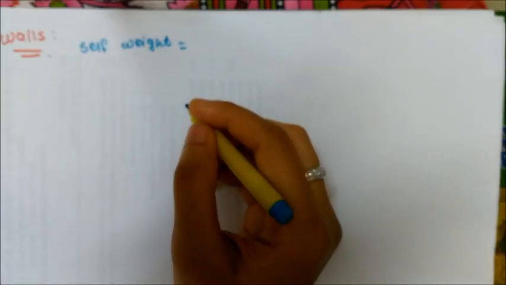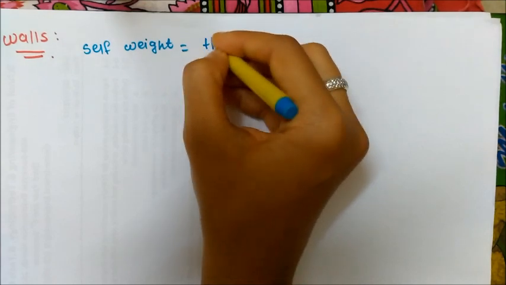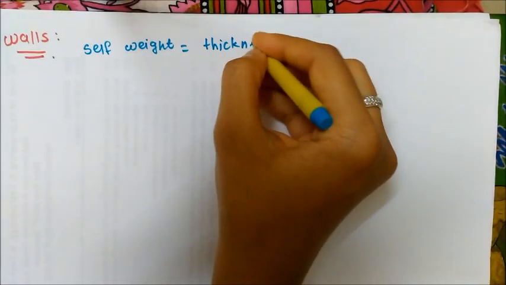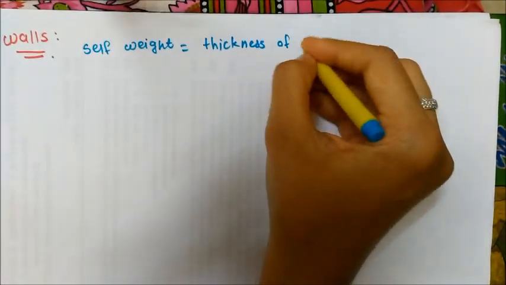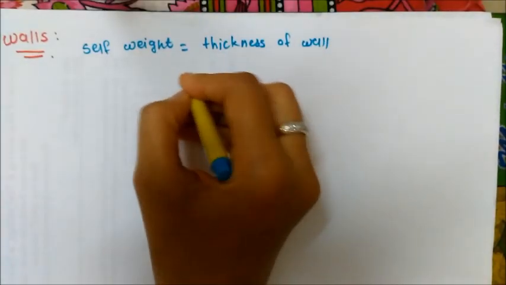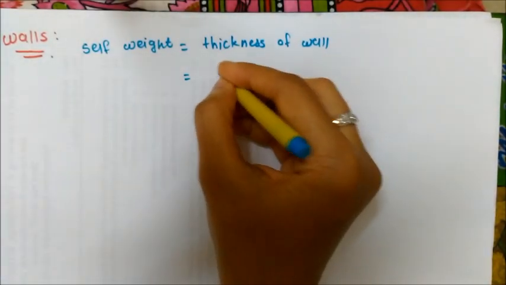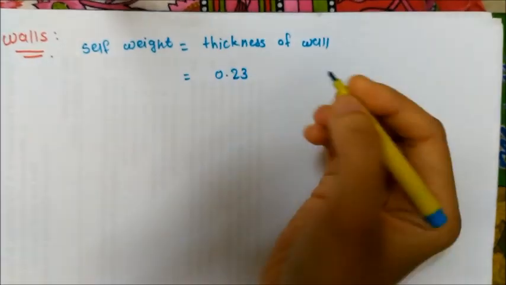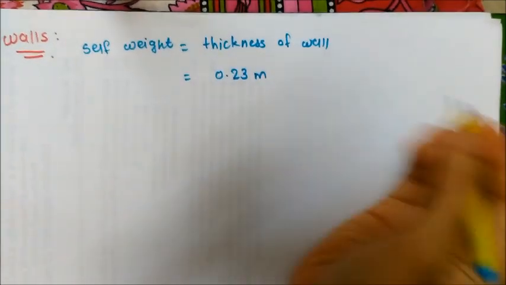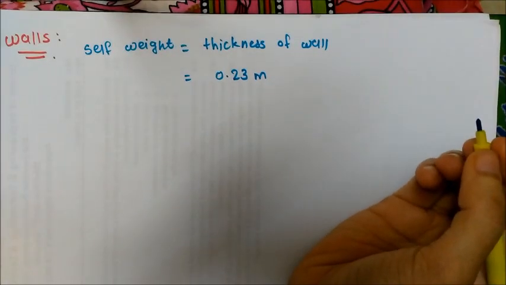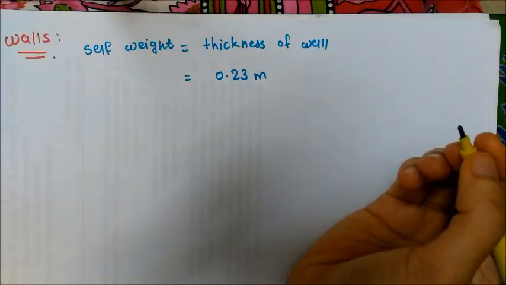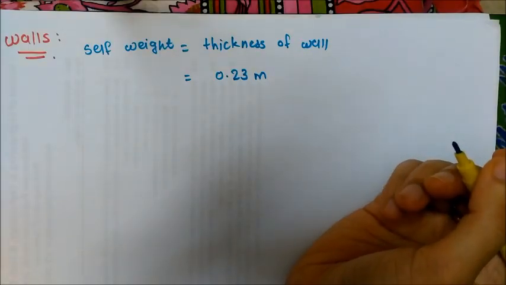When we consider the self weight of the wall, we have to consider the thickness of the wall. What we have already assumed, our thickness of wall is 230 mm, which is 0.23 meter. When we talk about self weight, we have to multiply it with the material density.